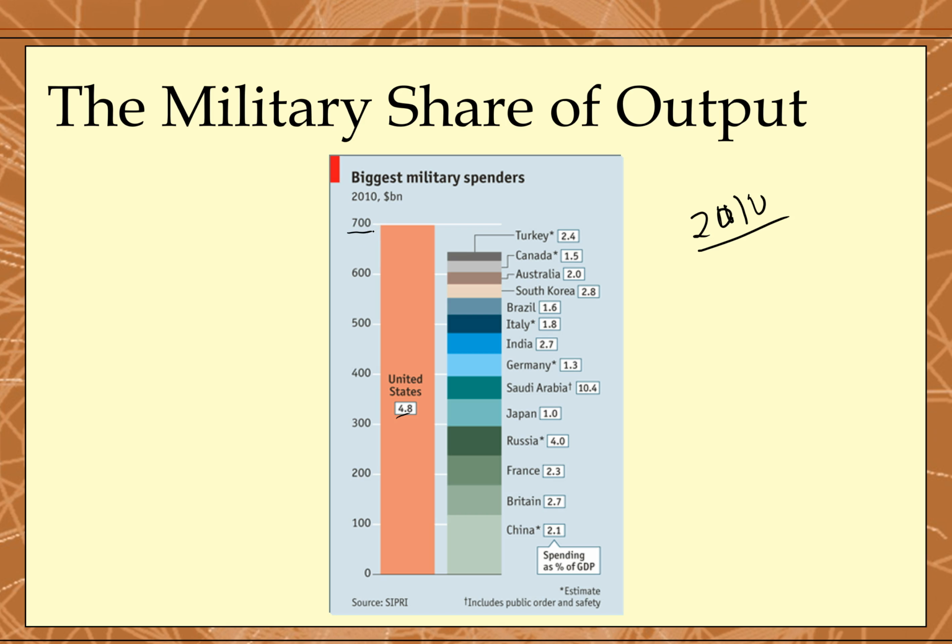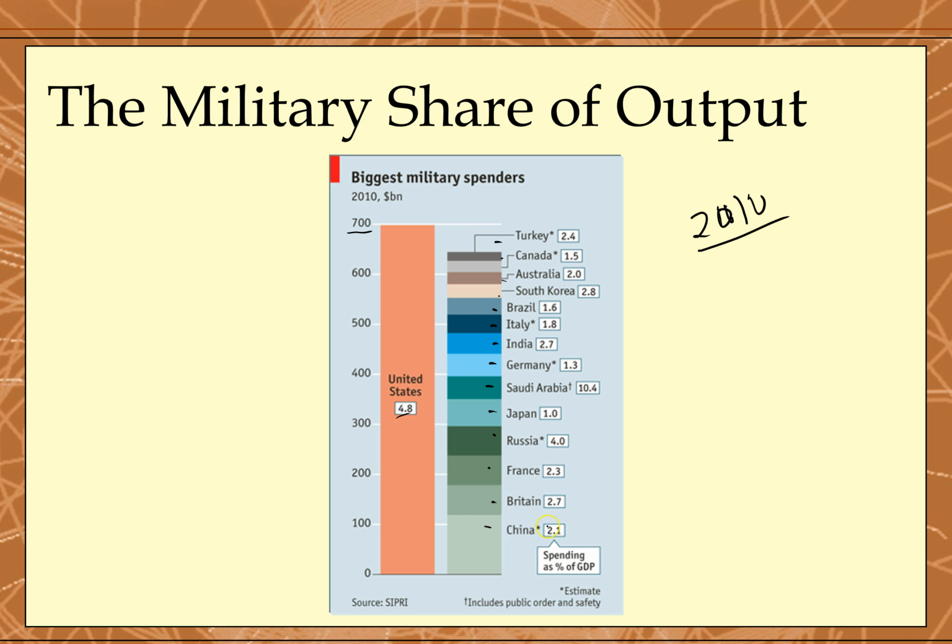Now, what you could do is look at other countries' spending, and if you added up 1, 2, 3, 4, 5, 6, 7, 8, 9, 10, 11, 12, 13, 14, the 14 largest spenders on military activity combined does not add up to what the United States spent in 2010.